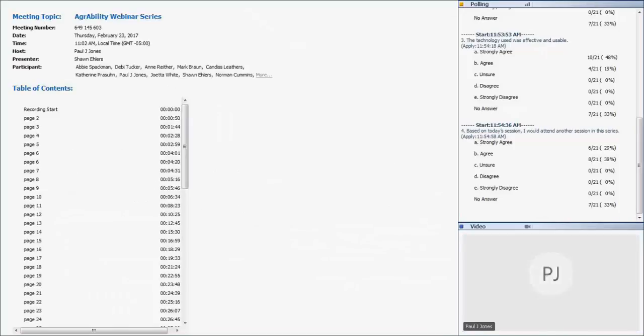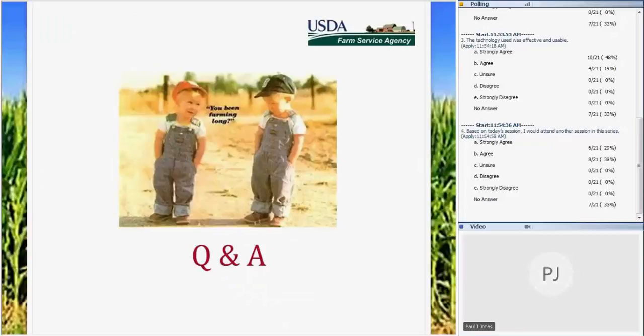Okay, we did have one additional question that was asked after the question slides were presented, and this relates to the future farm bill. It may be outside your scope, but I'll go ahead and address it to you.